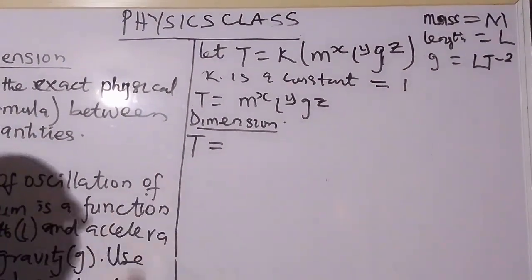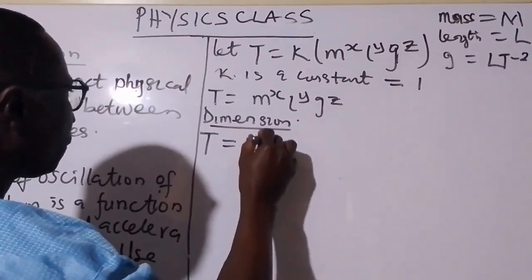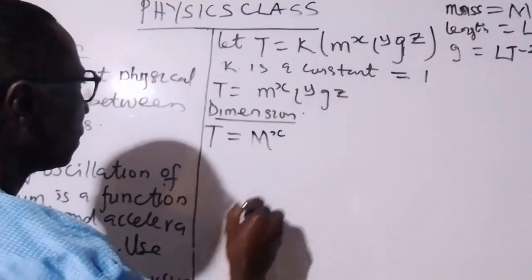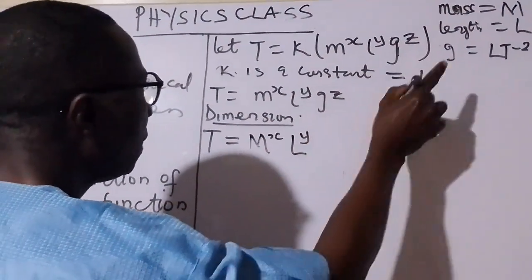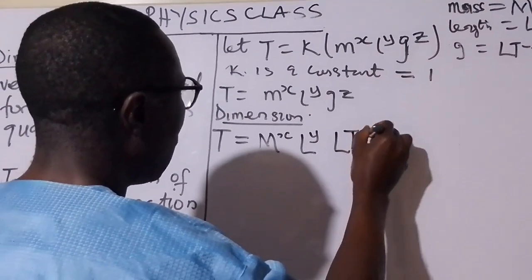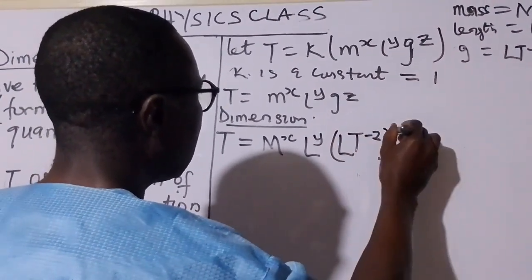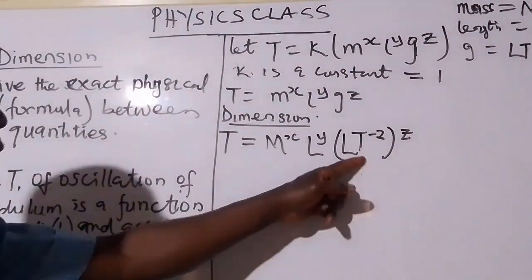So now, putting in all this, we are going to have M raised to power x, L raised to power y, and for g, LT raised to power minus 2 into bracket z. Let's open this bracket.